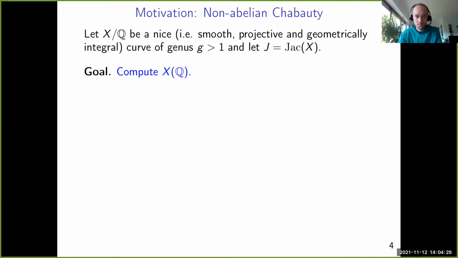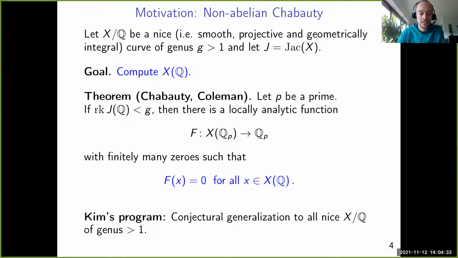One of the most successful techniques is the method of Chabauty and Coleman. In a nutshell, this is what comes out of it. The idea is you take a prime p and you somehow want to identify the rational points among the p-adic points on the curve. Actually everything takes place in the p-adic points on the Jacobian.